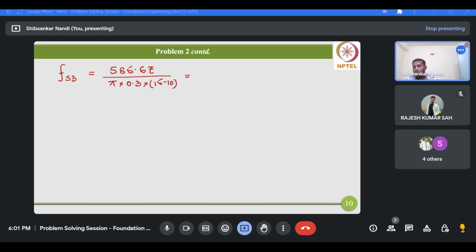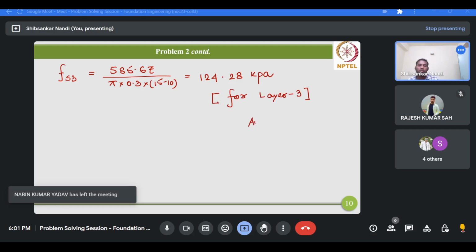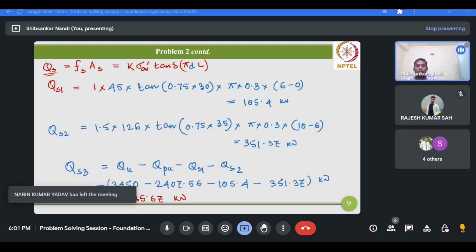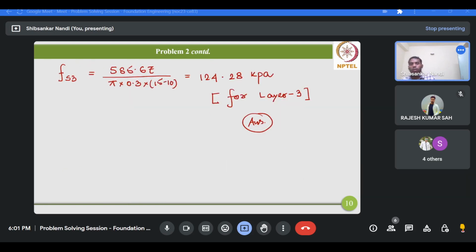Okay, so finally you will have this unit skin friction resistance as 124.8 kPa for layer 3. So in terms of ultimate friction resistance, this is 585.67, and unit skin friction resistance, this is 124.28.